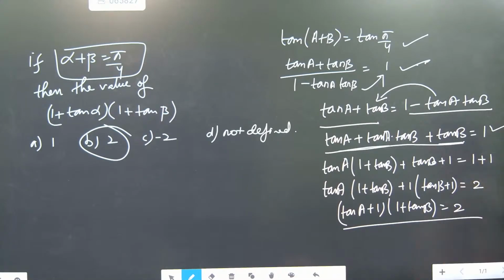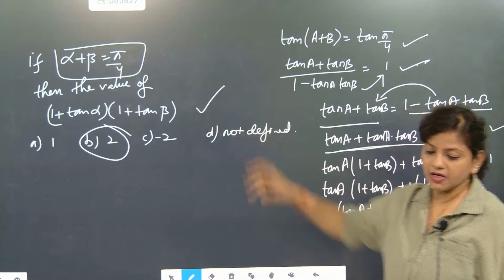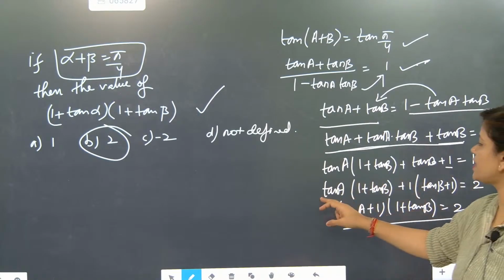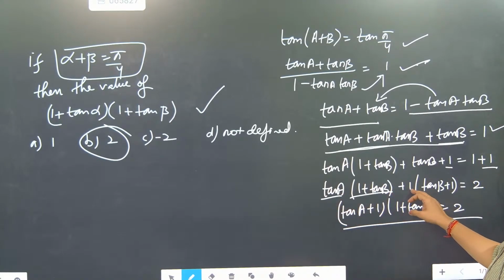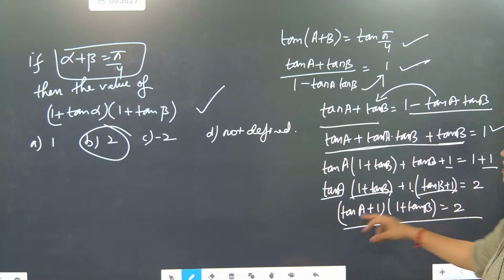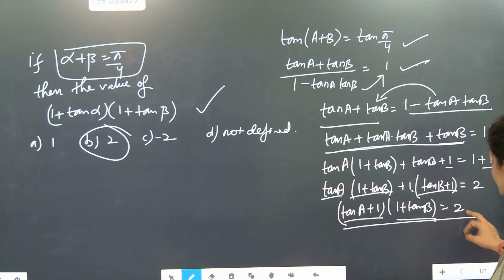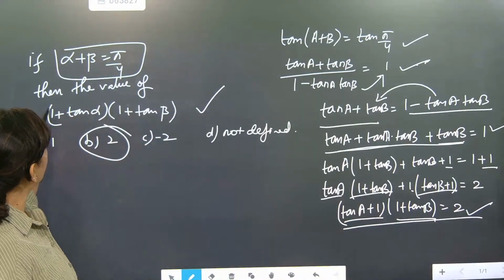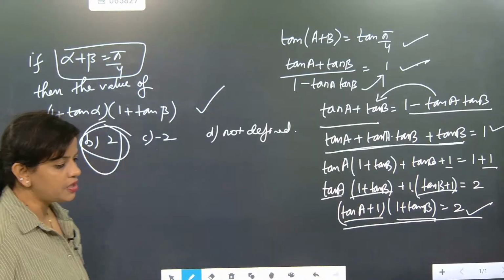But this was not sufficient for me to convert it into multiple parts. So what I did, I added 1 on both sides. Then I took tan A common, it is coming 1 plus tan B. 1 common I took, 1 plus tan B. So tan A plus 1, tan B plus 1 is equal to 2. I hope everybody understood how to solve this question, and the answer is option number B.